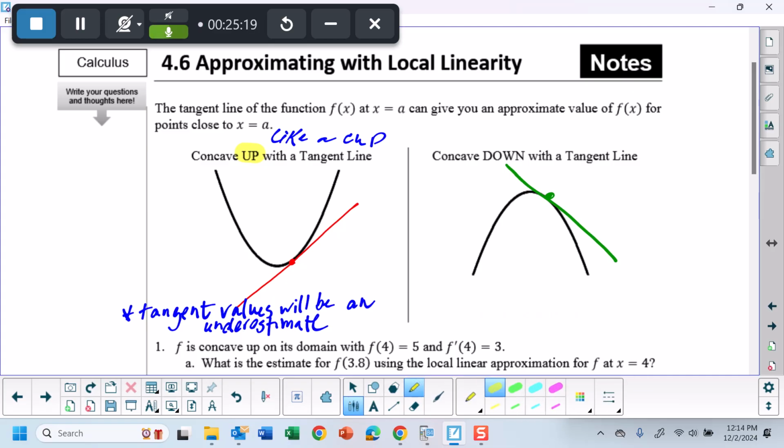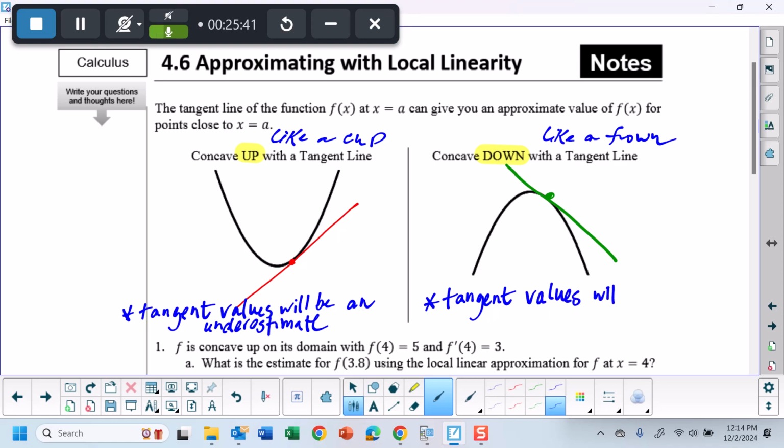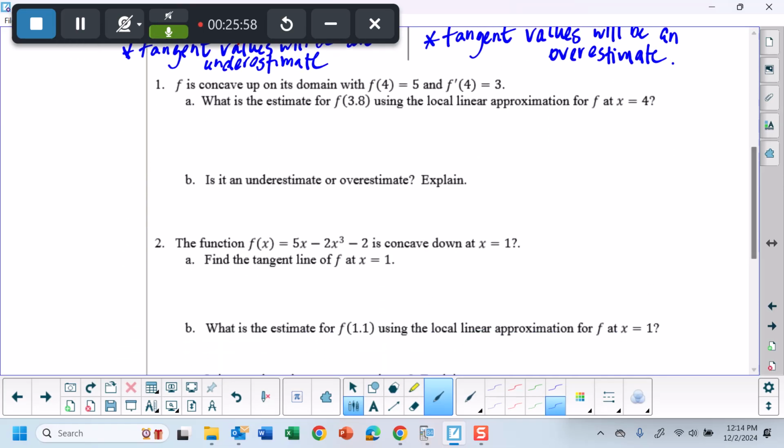If I have a shape that's concave down, like a frown, then your values that are on that tangent line will be an overestimate.